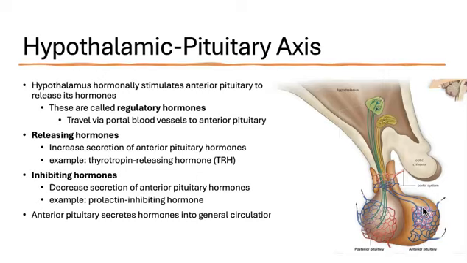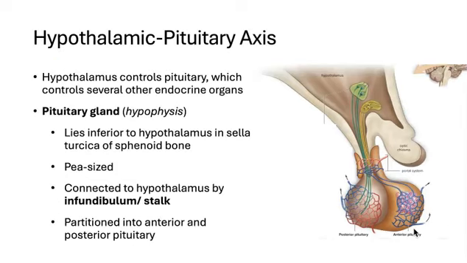So for instance, most of us are secreting prolactin inhibiting hormone, also known as dopamine, so that our anterior pituitary gland does not make prolactin. And once our anterior pituitary gland decides to secrete hormones in response to these regulatory hormones from the hypothalamus, it puts them into our blood circulation so the hormones can travel to where they need to go.